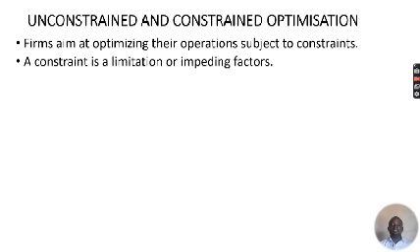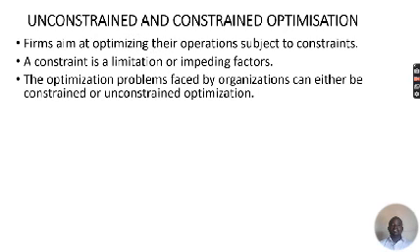A constraint is a limitation or an impeding factor, something that reduces your effort is what we refer to as constraints. And firms aim at optimizing the operations subject to constraints. The optimization problem faced by an organization can either be constrained or unconstrained optimization.